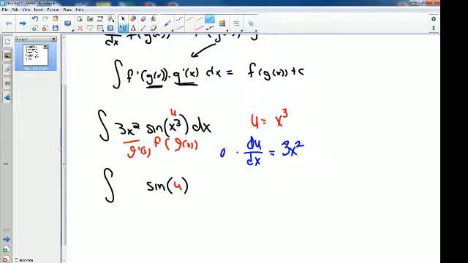And it's just a simple math operation. So du is 3x squared dx. This is another substitution. I can eliminate these two items, right? And all I need to put here is a du. That's it.